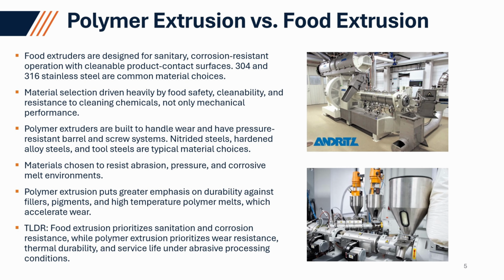So the main distinction is that food extrusion prioritizes sanitation and corrosion resistance, while polymer extrusion prioritizes wear resistance, thermal durability, and service life under abrasive processing conditions. Even though the applications are different, it is interesting that both food and polymer extrusion still rely on the same broad engineering ideas of conveying, pressure development, controlled heating, and die shaping.